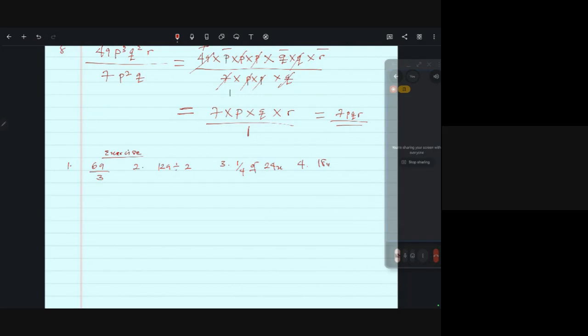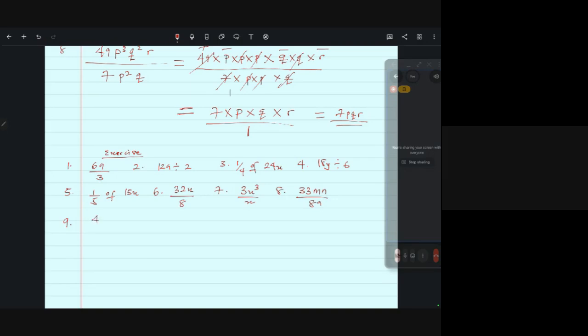Question 4, 18y divided by 6. Question 5, 1 over 5 of 15x. Question 6, 32x over 8. Question 7, 3x cubed over x. Question 8, 33mn over 8a.